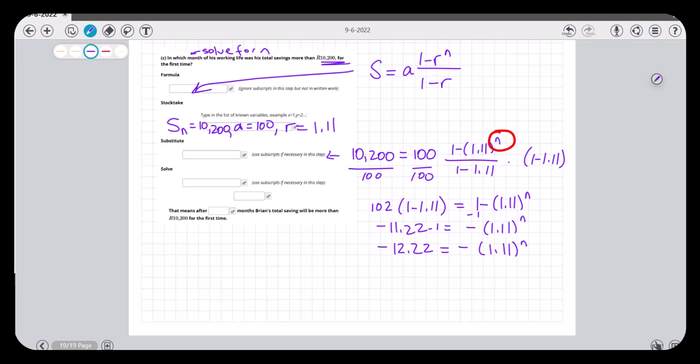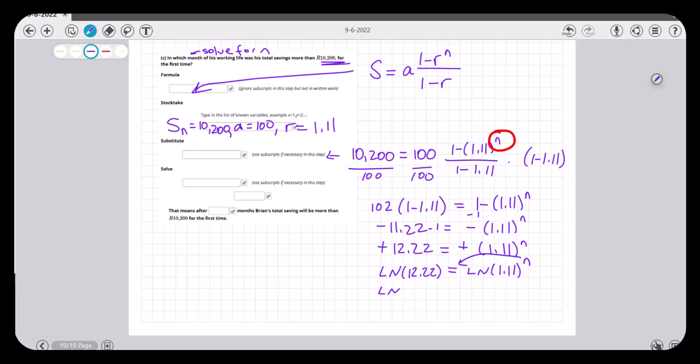I don't like dealing with negatives, especially with money, right? So I could divide both sides by a negative 1. And then from here, if you remember how to solve an exponent, you're going to log both sides. So ln of 12.22 equals ln of 1.11 raised to the N. And remember what happens, that brings this N down.